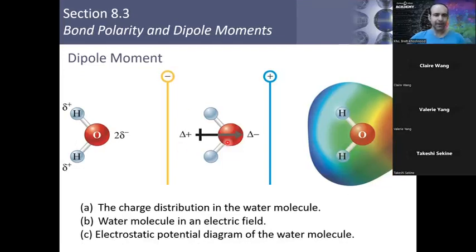So yeah, hopefully that all makes sense. Right? Notice that this negative plate and this positive plate actually represent parallel plates of an electric field, right? So the water molecule in an electric field would also line things up, very similar to what we did in a previous slide. Just in case you guys were wondering what that was.